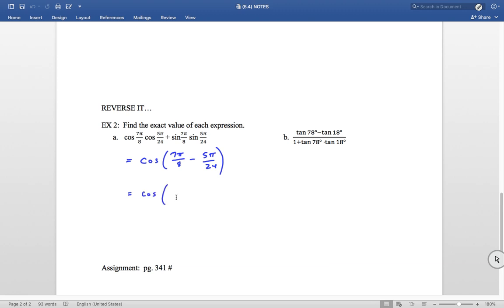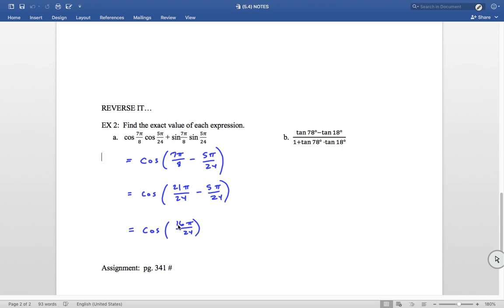The common denominator would be 24, right? That'd be 21/24 minus 5/24. 21/24 minus 5/24 is 16 pi over 24.